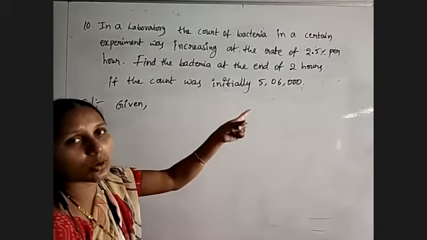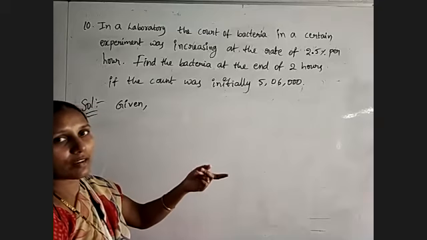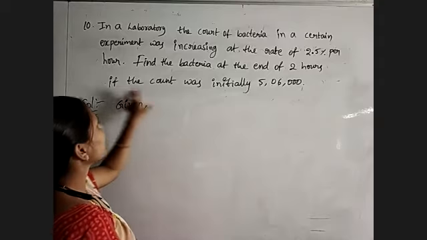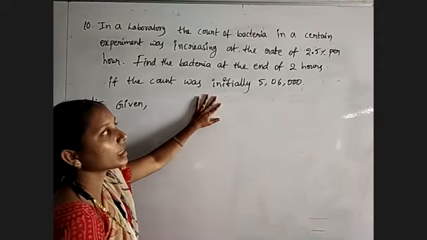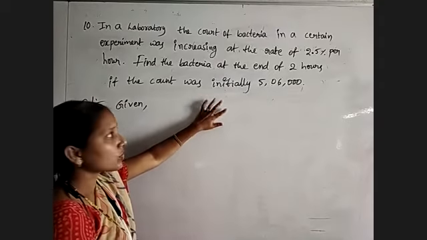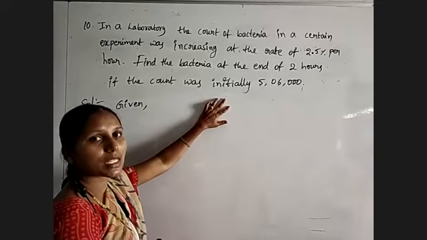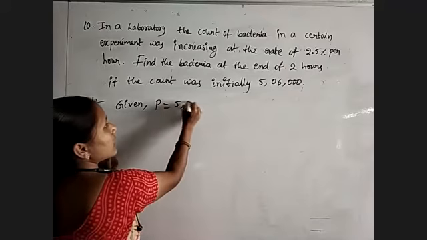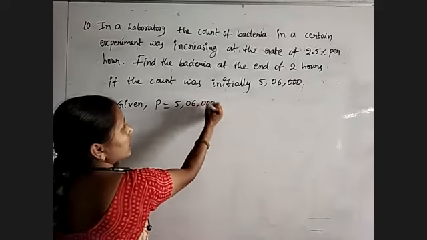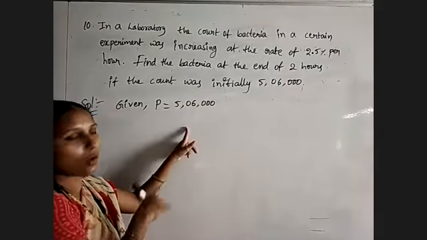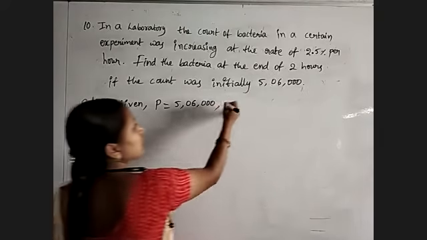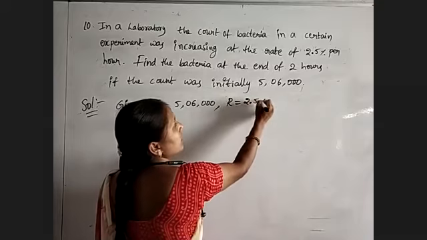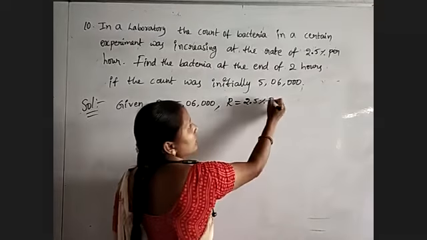So here 2 hours represents the number of conversion periods, N is equal to 2. If the count was initially 5,06,000, this is the initial value, meaning principal. So P is equal to 5,06,000, the starting count of the bacteria, and the rate of change is 2.5% per hour.